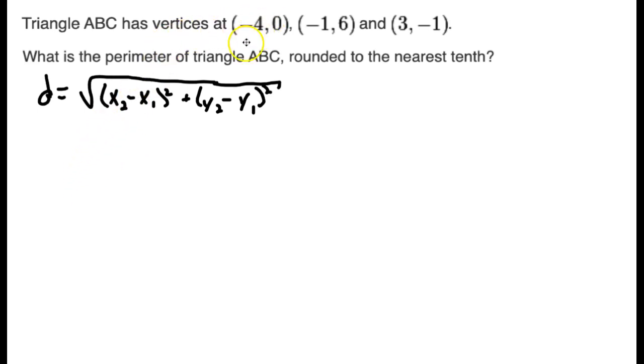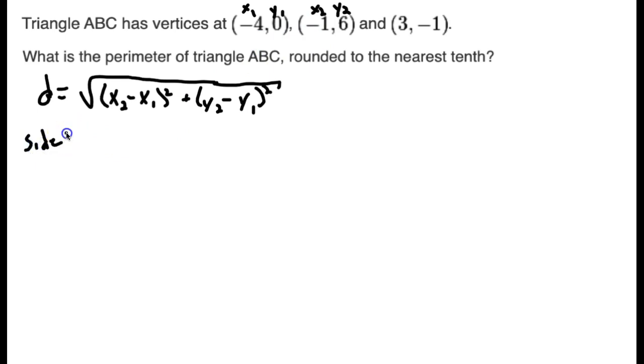So we need to find the length of all three sides. So I need to combine all 3 points into different distances. I'll just do the first 2 points here, x1, y1, x2, y2, and find the length of that side. I'll call it side 1.